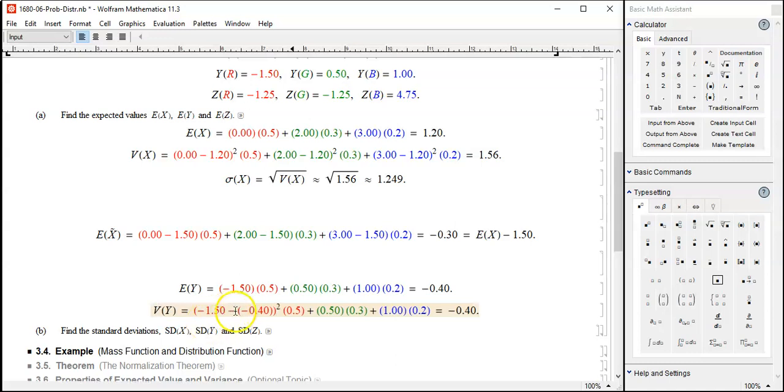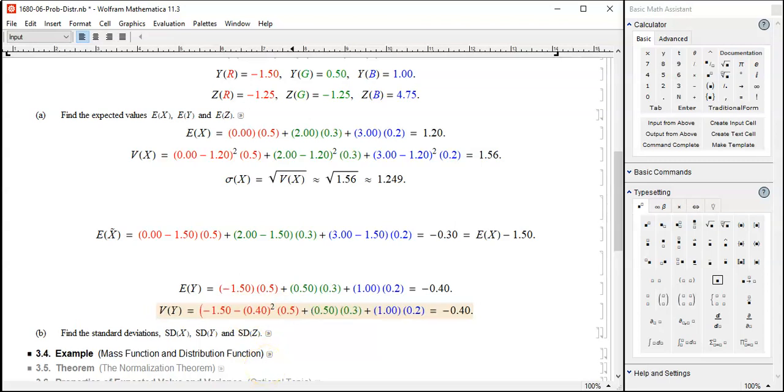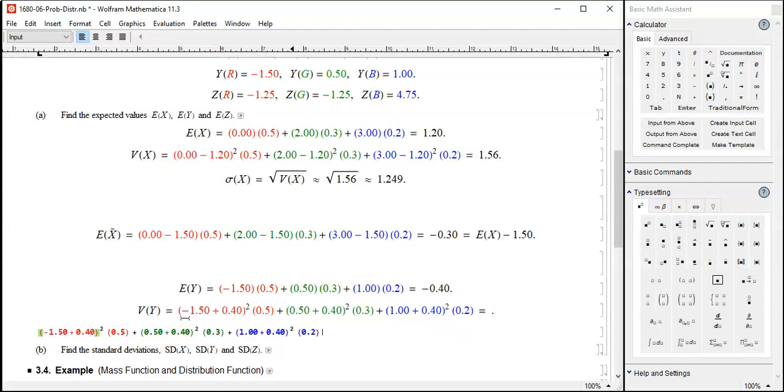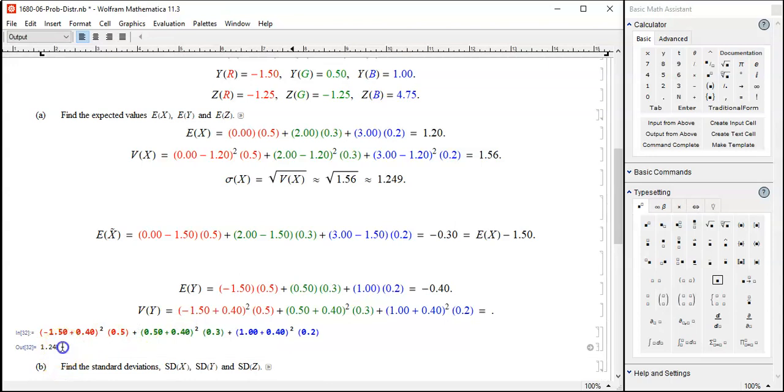But then again, minus minus, nobody calculates this way. It changes to plus. Here, subtract negative 40, so plus 0.40. And then plus 0.40. And then let's calculate this thing. What do you get? $1.24. That's the variance.